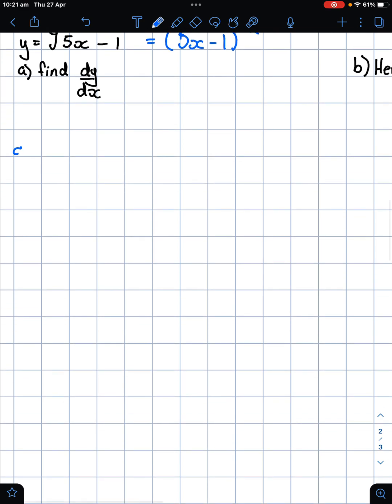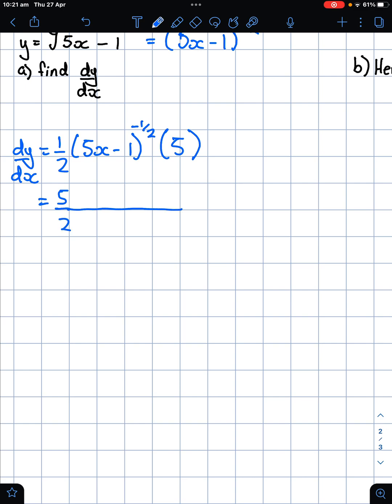We get dy dx equals half 5x take 1 to the negative a half, and then we've got obviously a chain rule, the derivative of the inside is going to be 5. So this is going to equal 5 on 2, and it's going to be over 5x take 1.